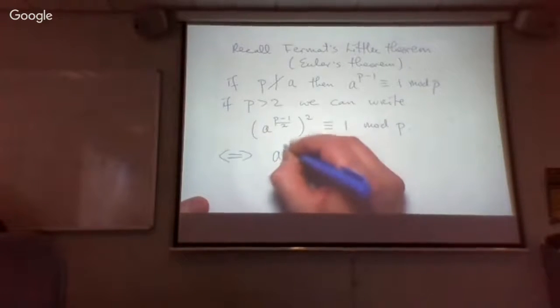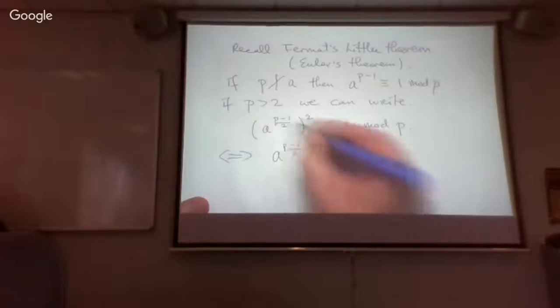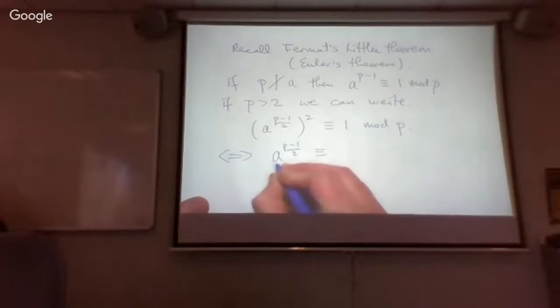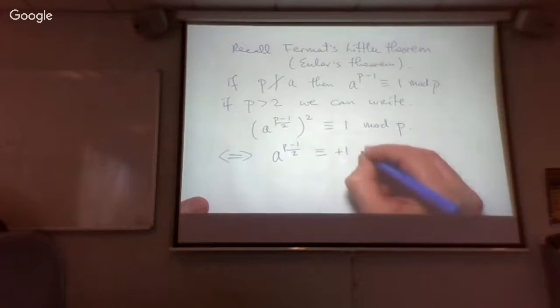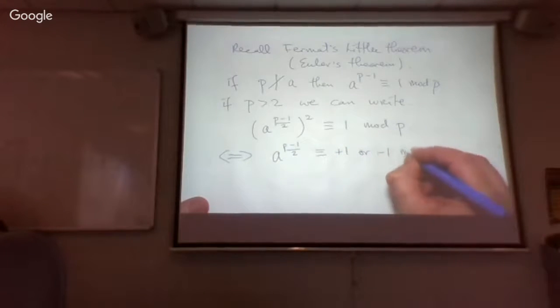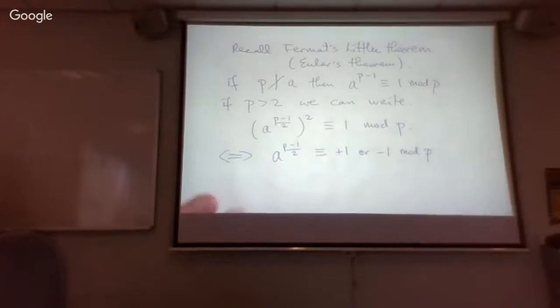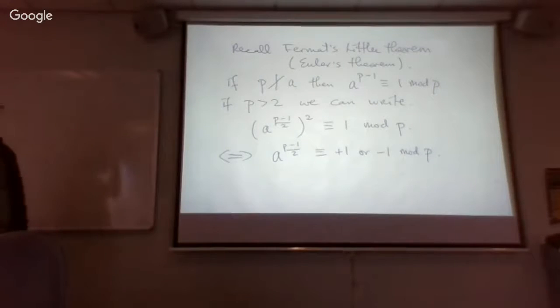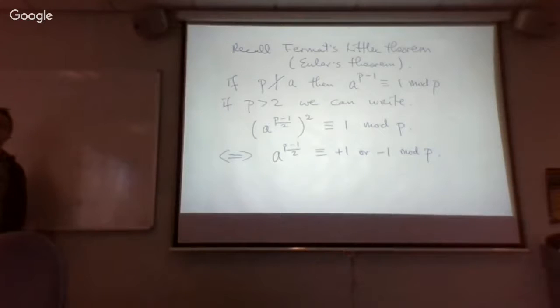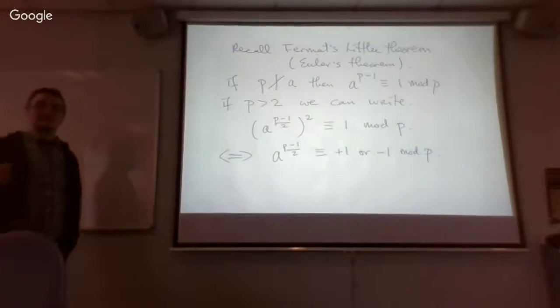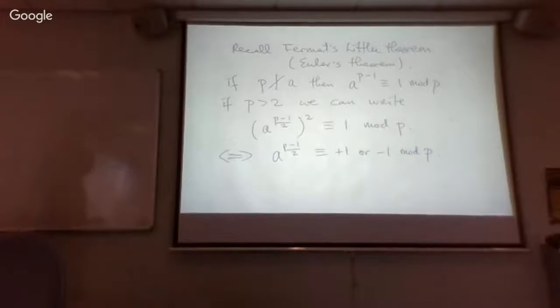So we can confidently say that a to the power of p minus 1 over 2 must be congruent to plus 1 or minus 1 modulo p. And this is true for every non-zero congruence class a modulo p.